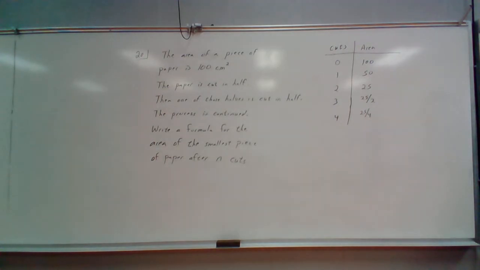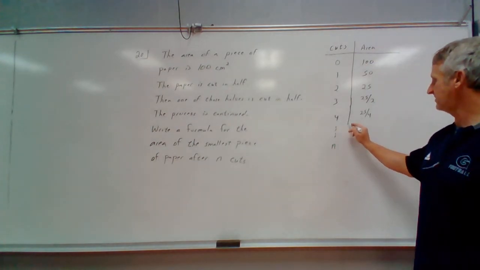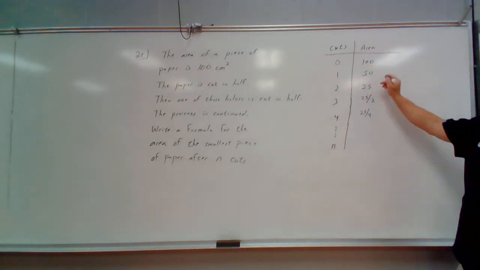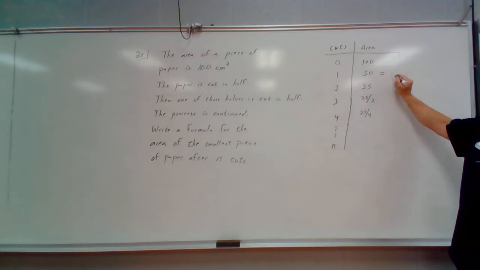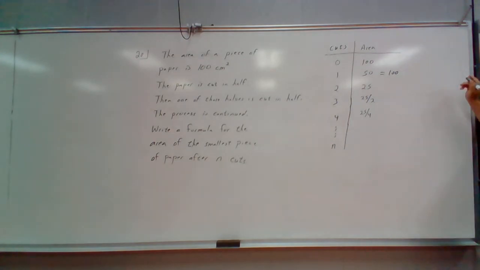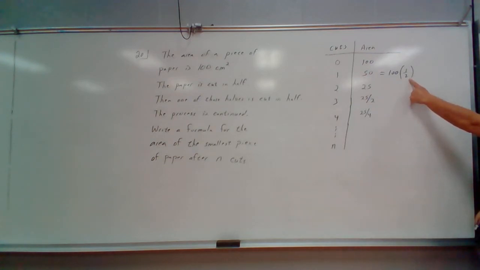All right, so what is a formula for the nth cut? Okay, so what are we really doing here? So we're starting with 100. And we're doing 100 times 1/2, right? That gets us to 50.